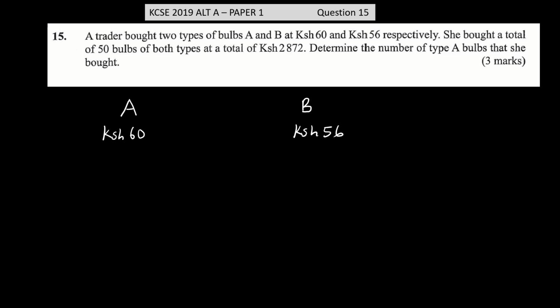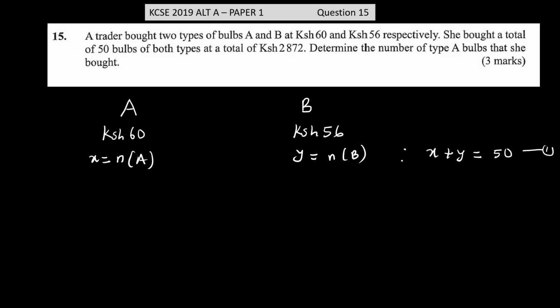We are given that she bought a total of 50 bulbs. So let x be the number of bulb A that she bought, and let y be the number of type B bulb. Therefore, we have that x plus y equals 50.